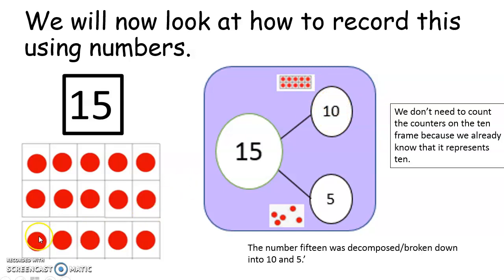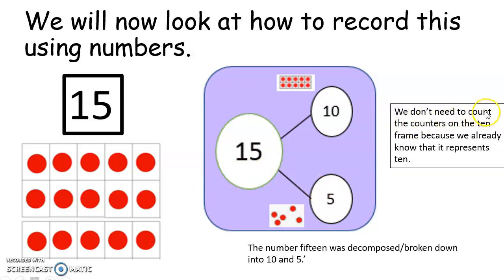Then we know we've got 1, 2, 3, 4, 5 units, so we put that number 5 over here. You can see right here, you've got one group of tens and we've got 5 units, which makes 15.